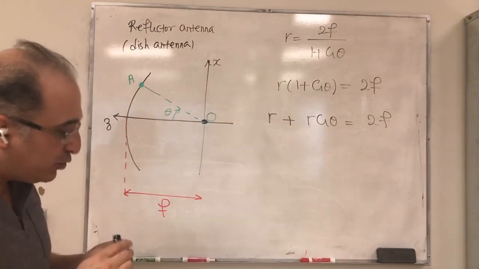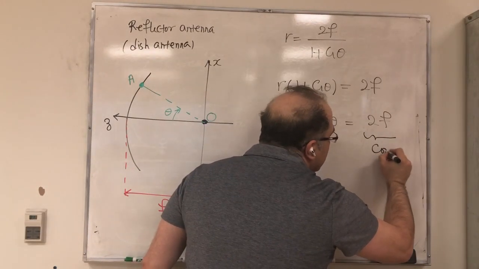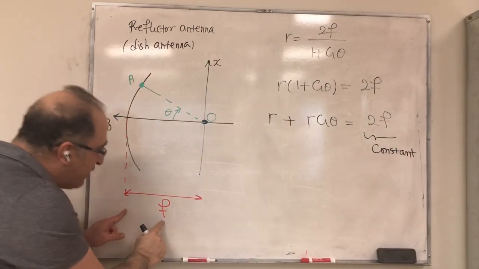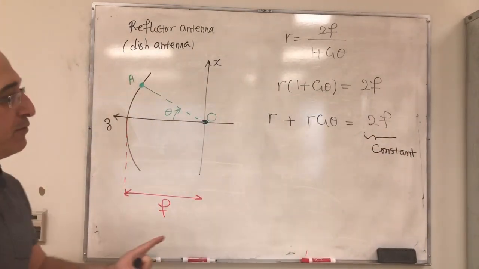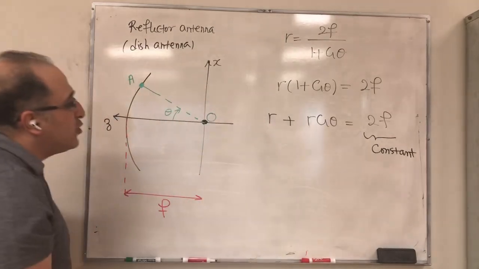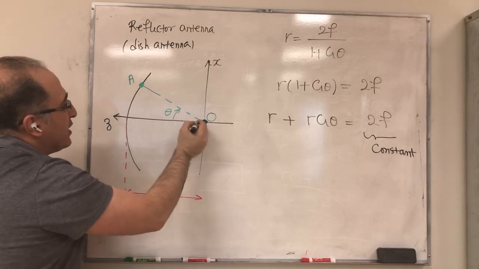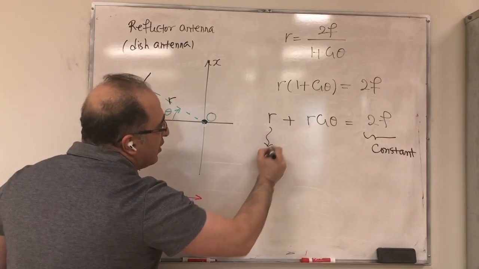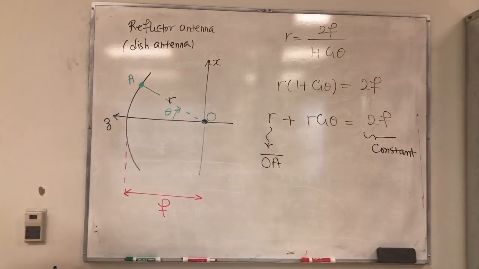Pay attention that this side of the equation is constant. As soon as you design a reflector with a constant f, this side of your equation is constant, 2f. Now let's recognize what r is. r is the distance from the origin to any point. For example here, this is my r, so I can write OA. This path length is r.